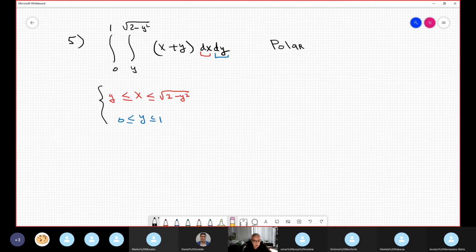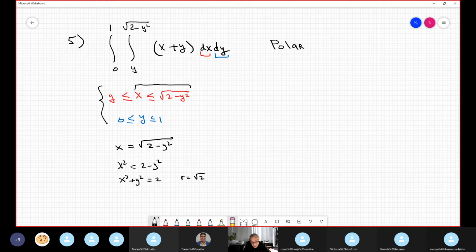Take this equation, x equals square root of 2 minus y squared. If you remove the square root to understand the equation more clearly, you have x squared equals 2 minus y squared, so x squared plus y squared equals 2. It's a circle where the radius is radical 2, and the center is located at the point 0, 0.